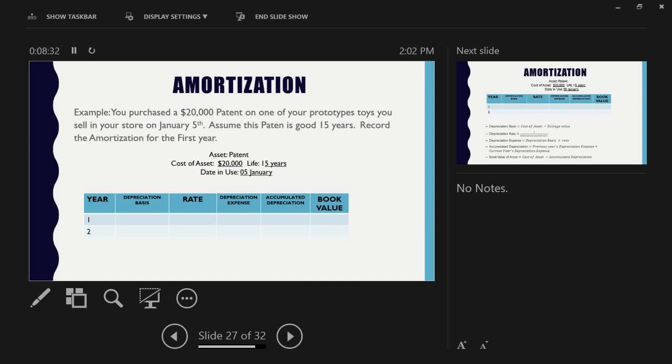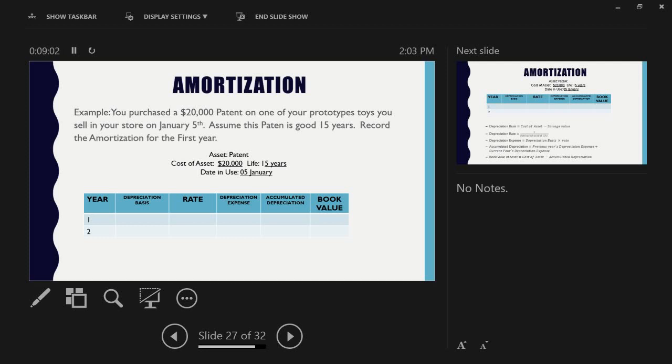So for example, you purchased a $20,000 patent on one of your prototype toys that you sell in your store.